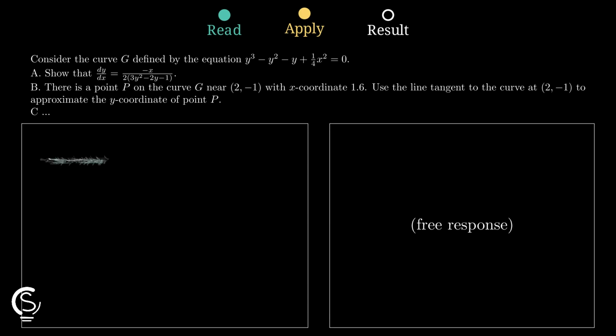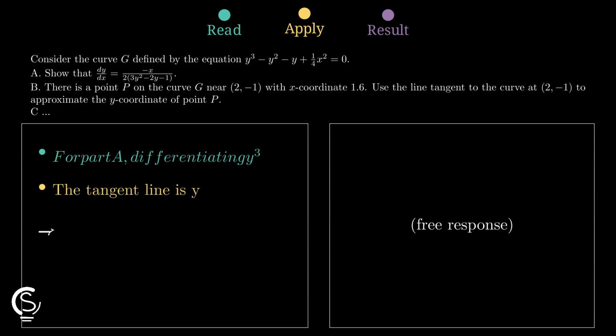Negative x over 2, so dy over dx equals negative x over 2 times 3y squared minus 2y minus 1. The tangent line is y equals negative 1 minus 0.25 times x minus 2. For x equals 1.6, we calculate y approximately negative 0.9.